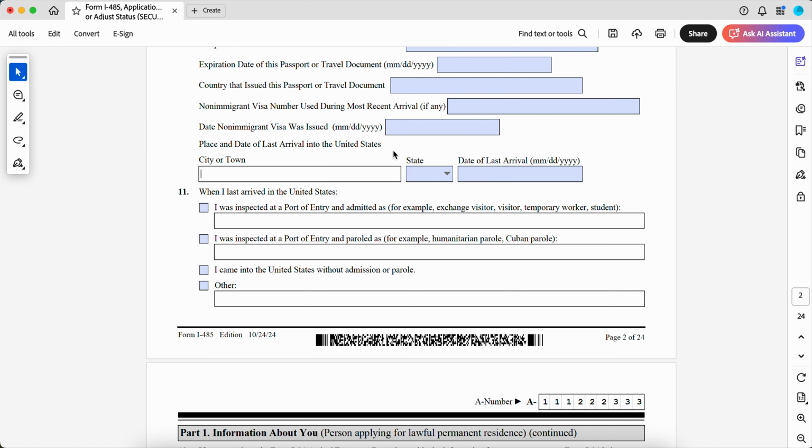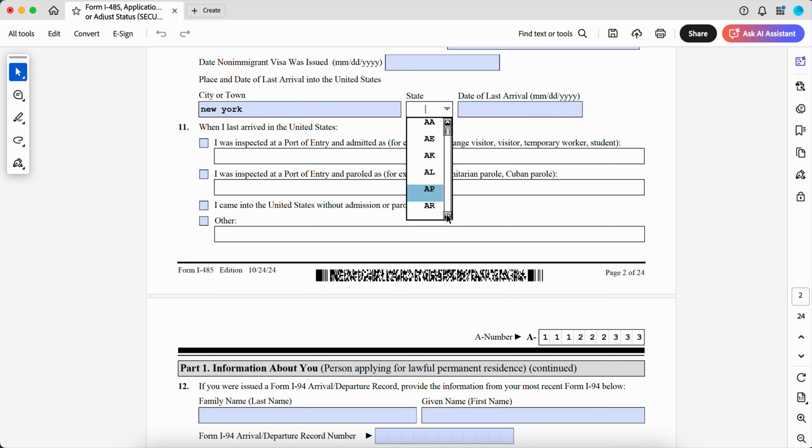So say you go to California through New York, you have to type in New York and not Los Angeles or anything like that. Then state and the date of last arrival.